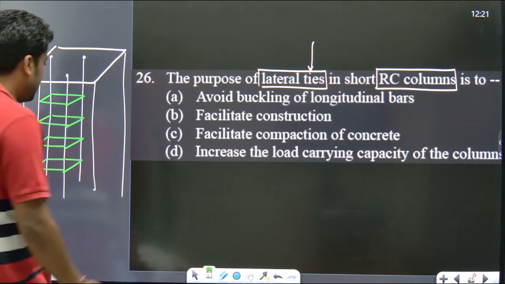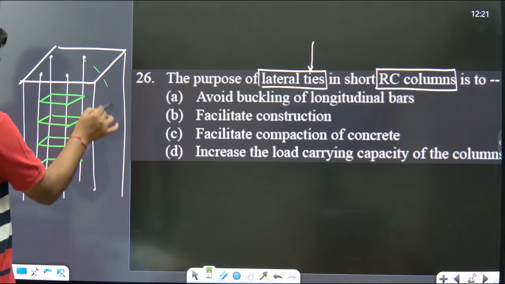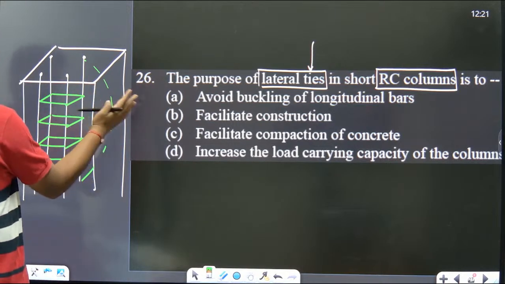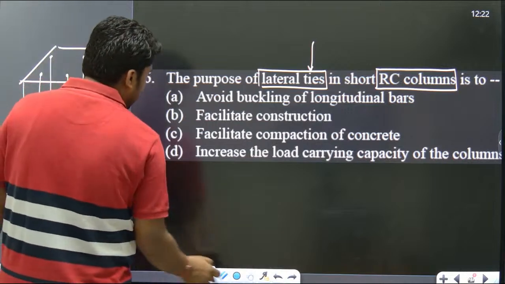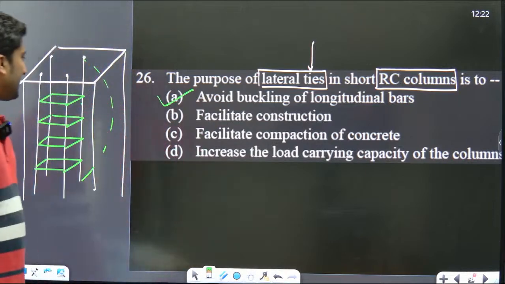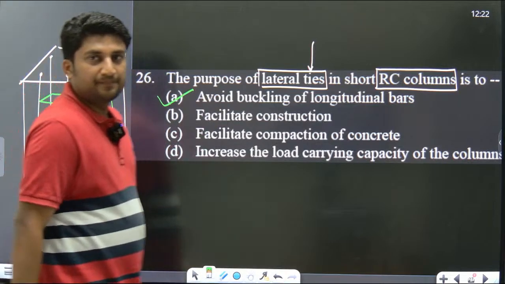Yes or no? So the main bar does not buckle. The lateral ties hold the main longitudinal bar against buckling. Hence option A, avoid buckling of the longitudinal bar, is the correct answer.